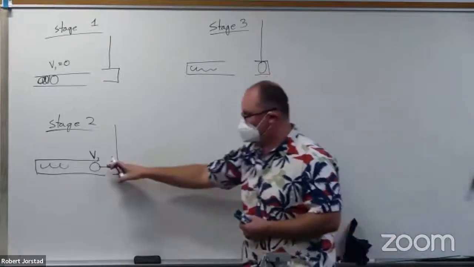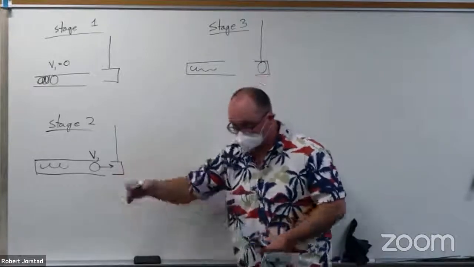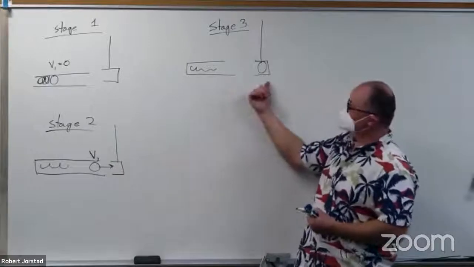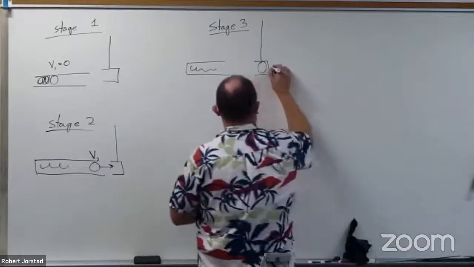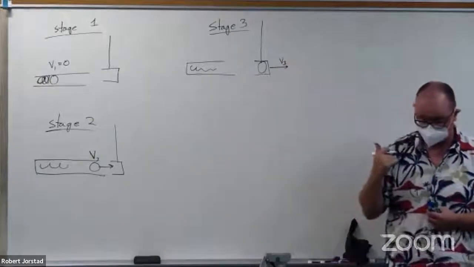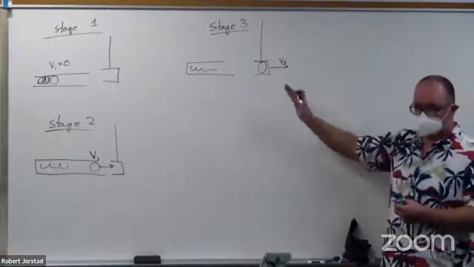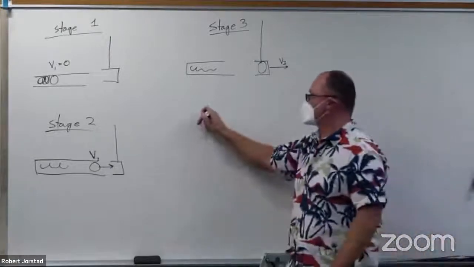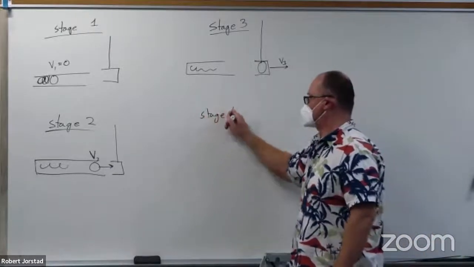Think about it. If something hits you, you're going to move backwards, right? You recoil. So during the collision, there's some final speed here, V3. Otherwise, it wouldn't have swung up to some angle. Gee, what's stage 4? The highest point.